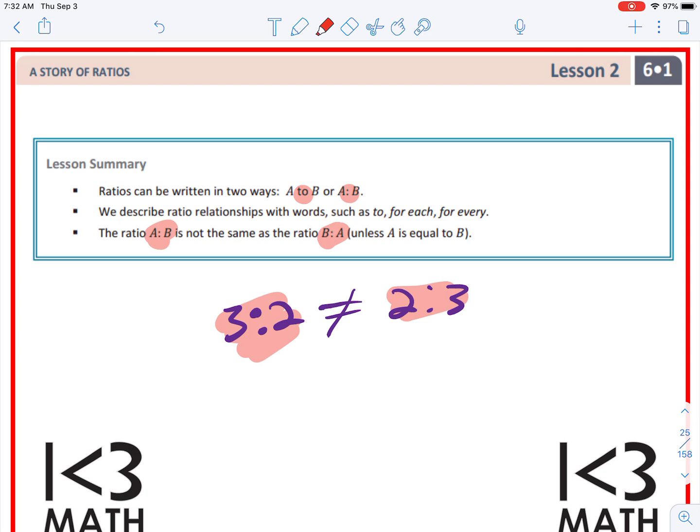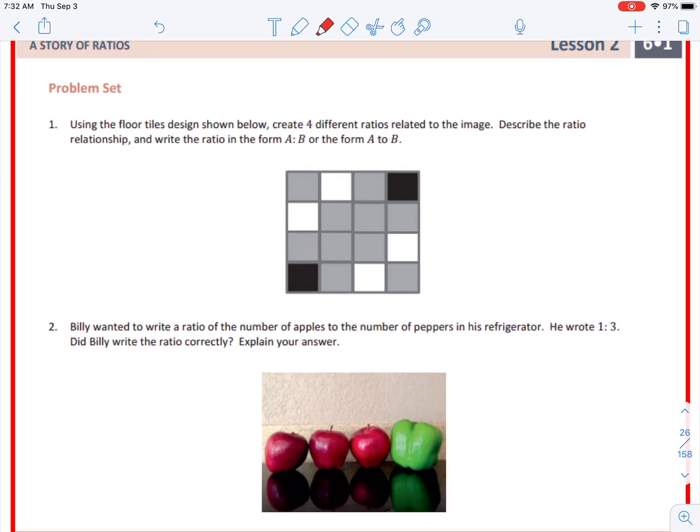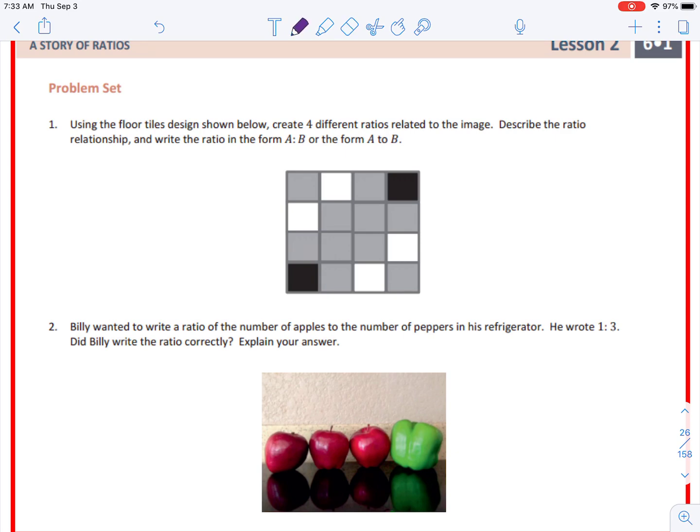Order matters. All right, guys, you're going to be sent a problem set that looks like this. Number 1 says, using the floor tiles design shown below, create 4 different ratios related to the image. Describe the ratio relationship and write the ratio in form A:B or form A to B. So you're going to look at this square, and you're going to come up with 4 different ratios to describe.